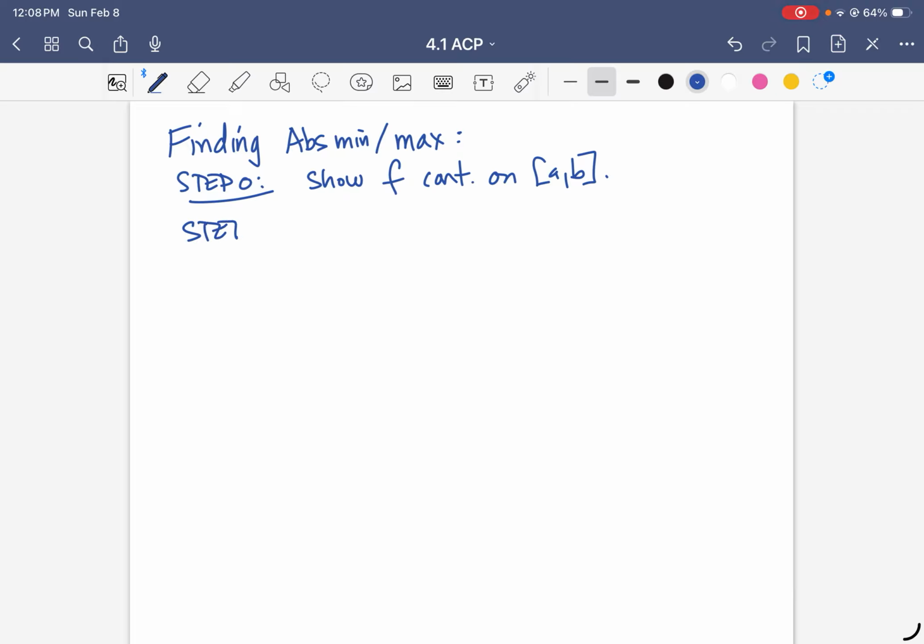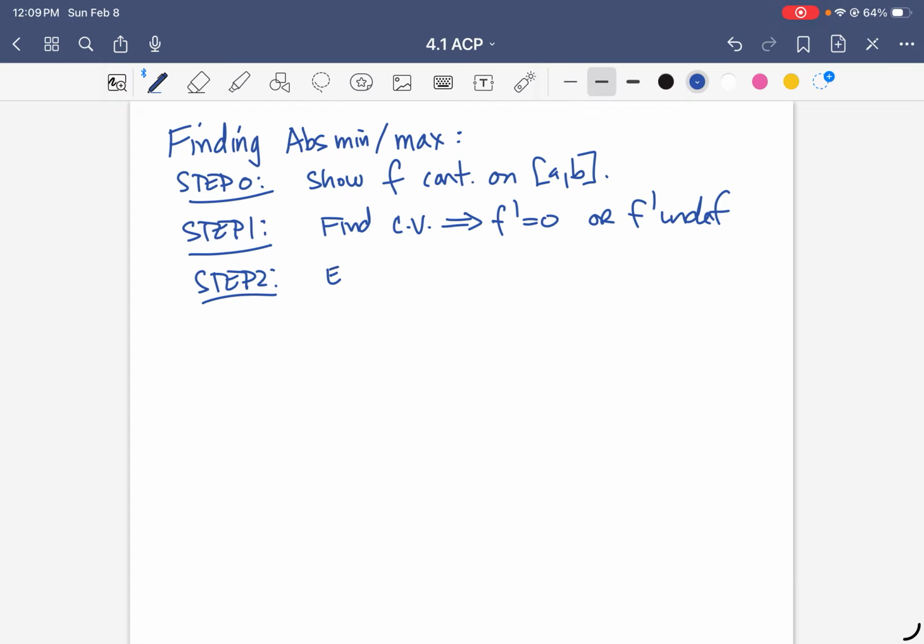And then you're ready for step 1, which is to find the critical values, which are where the derivative equals 0 or the derivative is undefined. Step 2 then is to evaluate or plug in f of the endpoints, find out what you get, and f of the critical values.